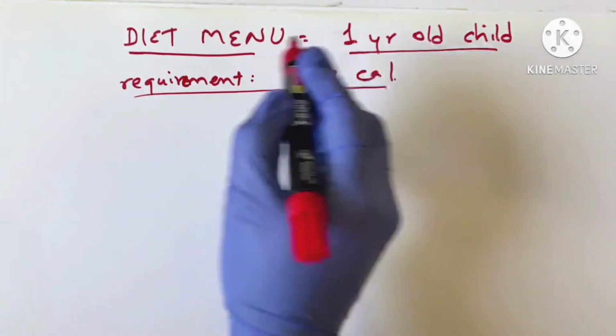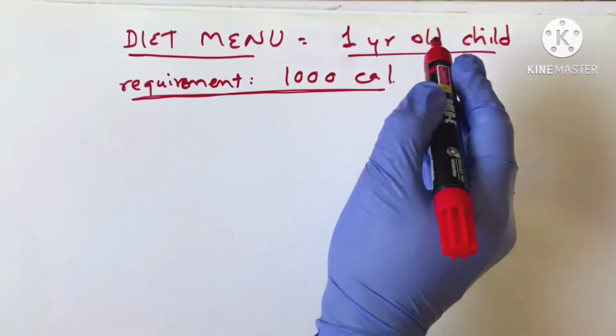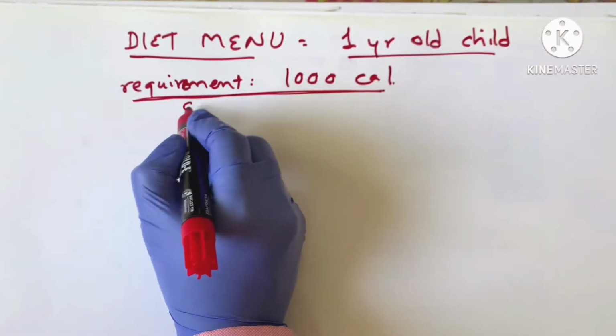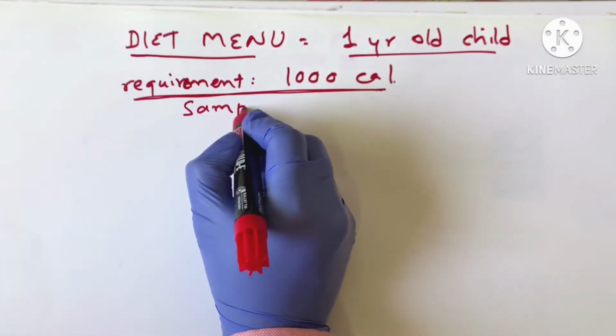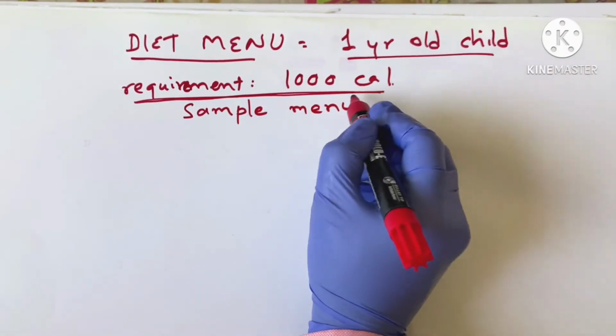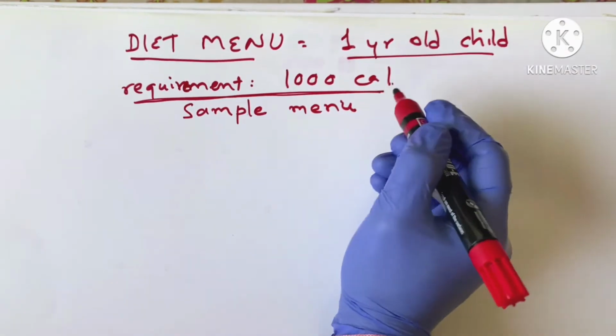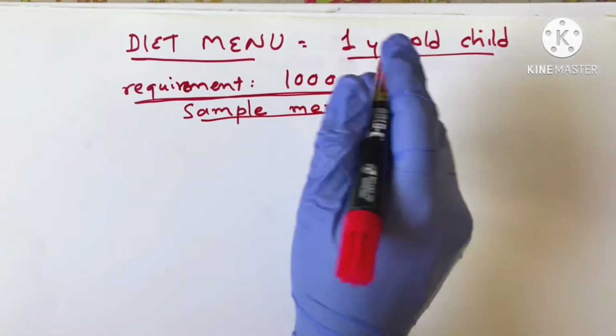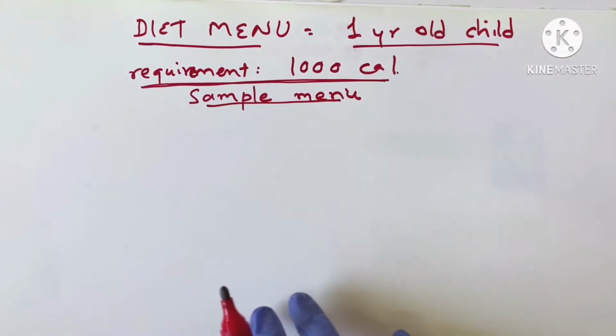We will discuss a few of the basic ideas or the sample menu for the child. Each child is different. The amount of diet can vary, but this is just to give you the idea of how we can give the food to the child.